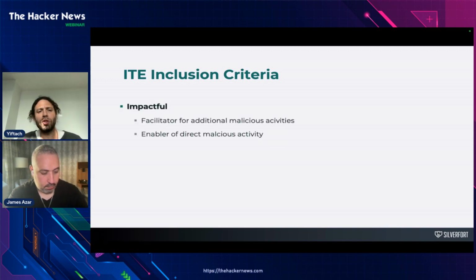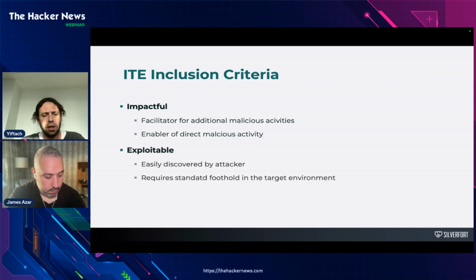If it helps you to compare that to CVEs, CVEs you rate from low to critical based on their potential impact. So we've only included ITEs whose exploitation will cause significant impact, an enabler of direct malicious activity.